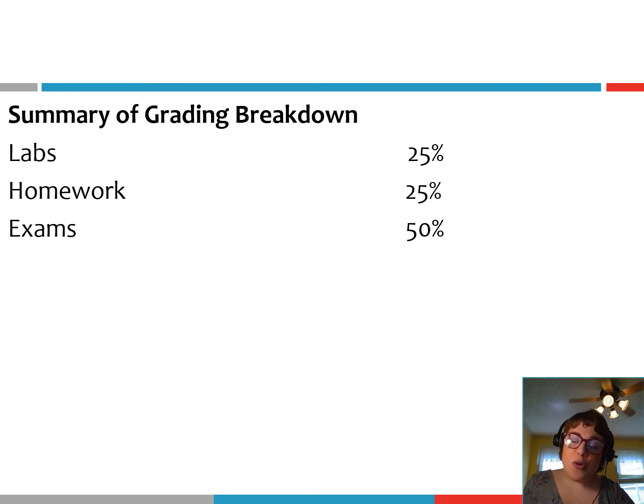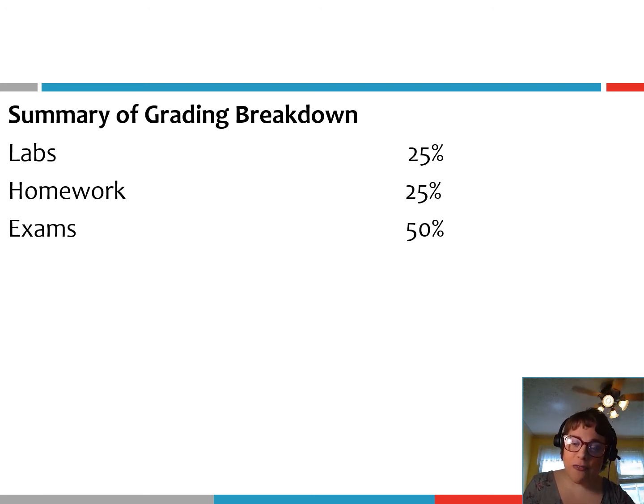Because of COVID, I tried to pare down a lot of the assignments that you will end up having to do. So really there are only three grading groups, or types of assignments, that you're going to be graded on.